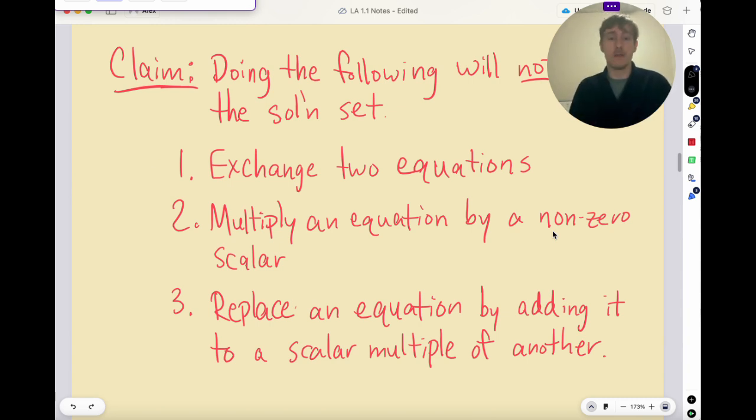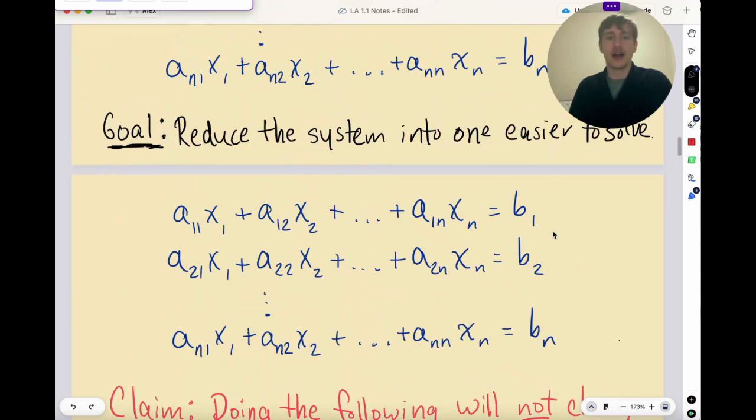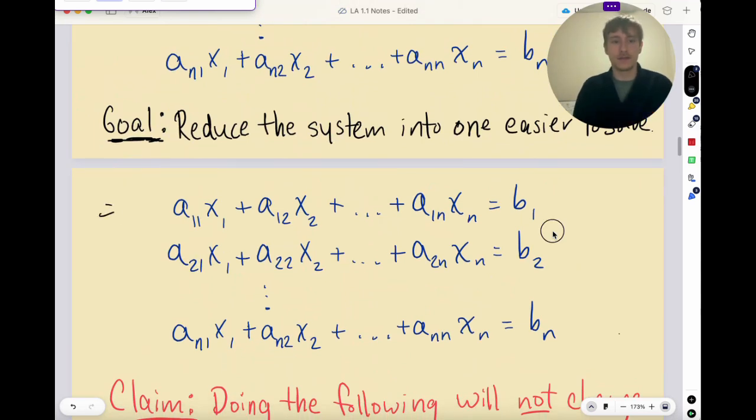The second one: multiply an equation by a non-zero scalar. If I have an equation like this one, and maybe this entire solution set is x1 is a value, x2 is a value, up to xn, so you have an n-tuple as a solution set, and I decide that I want to multiply this equation all the way through by, I don't know, 5.